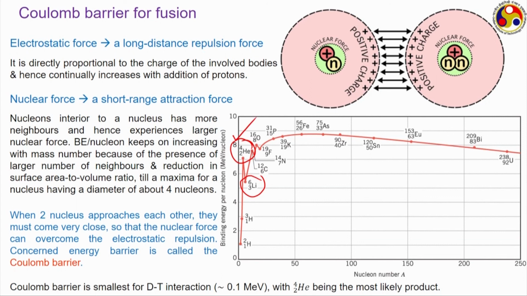So, in order to facilitate the fusion process, we must overcome this Coulomb barrier, and only then will the deuterium and tritium nuclei be able to come close to each other, within the zone of action of the nuclear force, and only then can we have a proper fusion reaction.